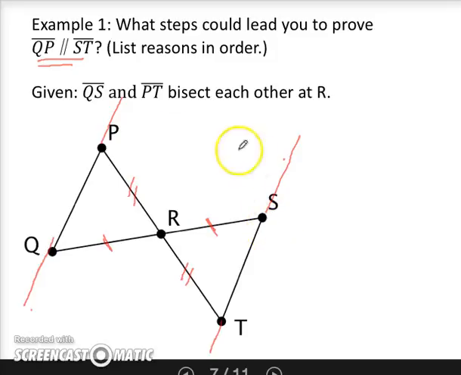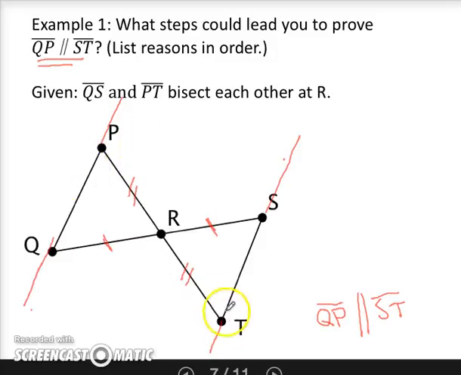So if we want to prove that QP is parallel to ST, I'm going to write that at the bottom of my page. QP is parallel to ST. That's where I want to be going with this. Backing up one step, do I see any parts of these two triangles that I might want to prove congruent?